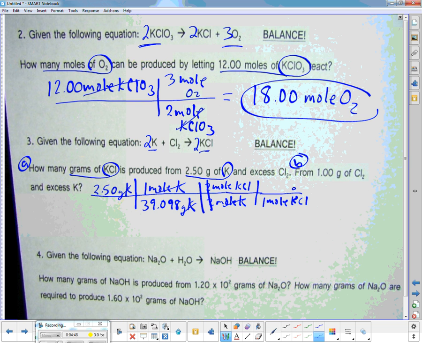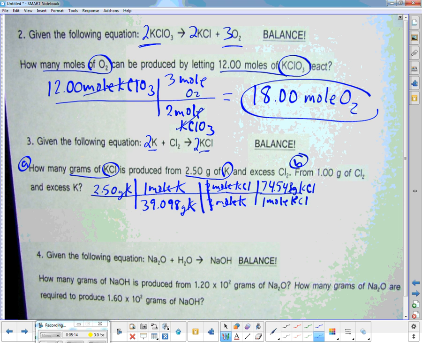And I'm going to add up the mass of potassium chloride on the top, which is really easy because it's just 1 potassium and 1 chlorine. So potassium is 39.098, just like what we had here, and chlorine is 35.453. 74.548.